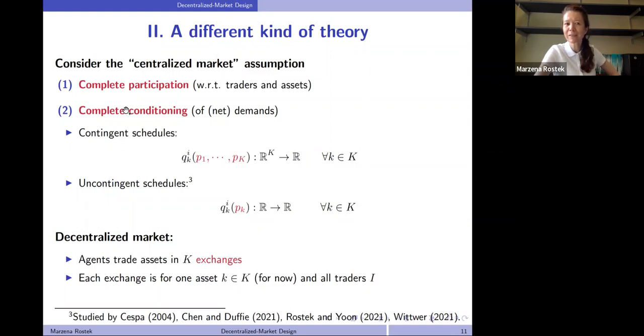But now traders submit uncontingent schedules. What is the significance of that? Well, the assumption of fully contingent schedules in the standard model requires that the demands and supplies of all traders for all assets must be aggregated jointly to even determine the vector of market clearing prices and trades.